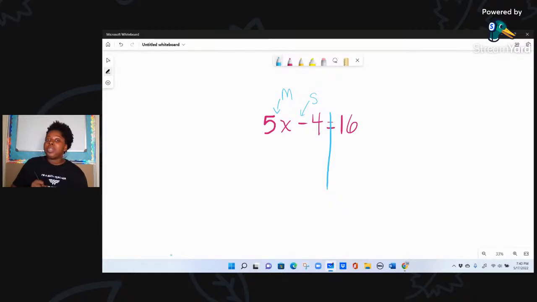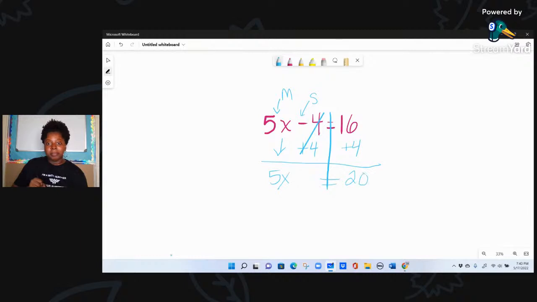The opposite of subtraction is addition. Add 4 to both sides. Bring down that 5x. My 4's cancel out. It equals 0. And 16 plus 4 is 20.